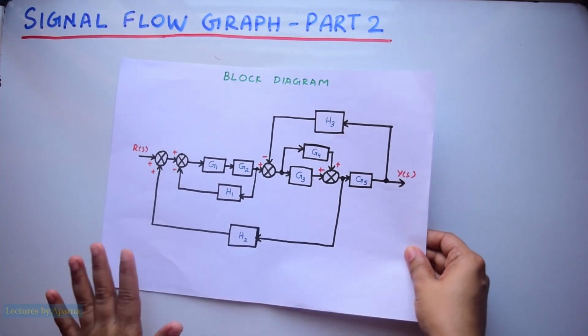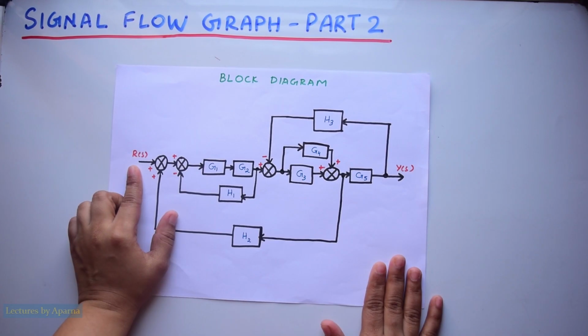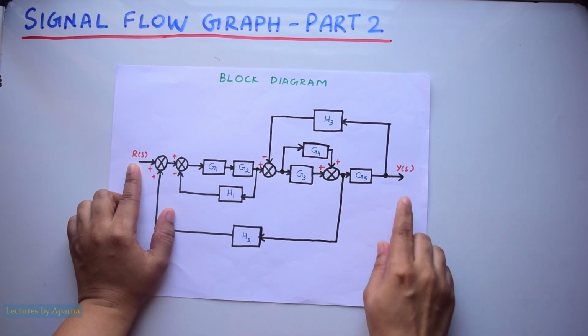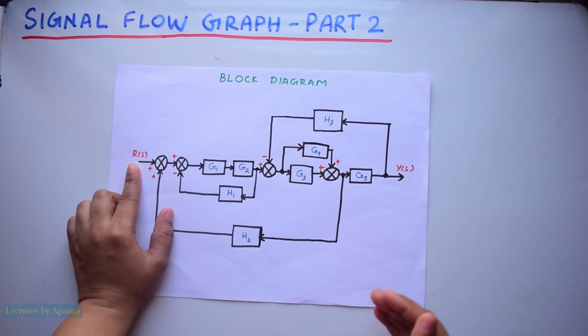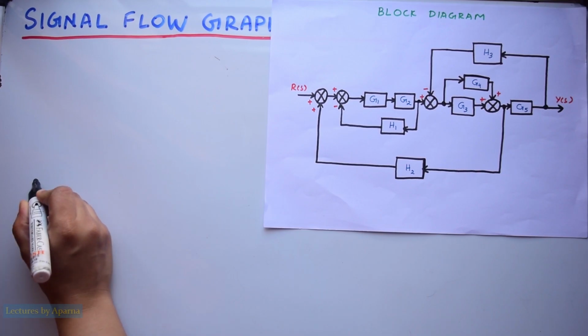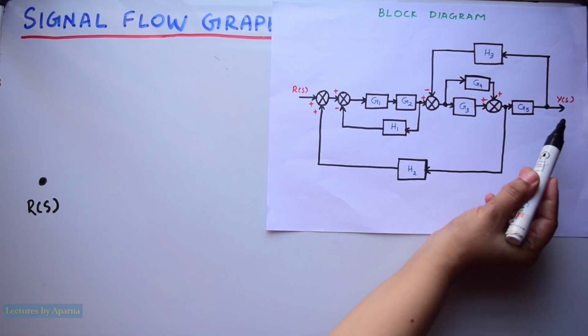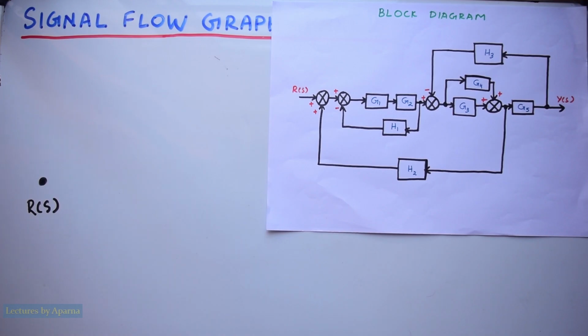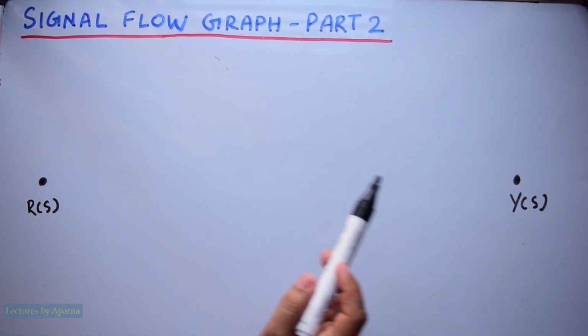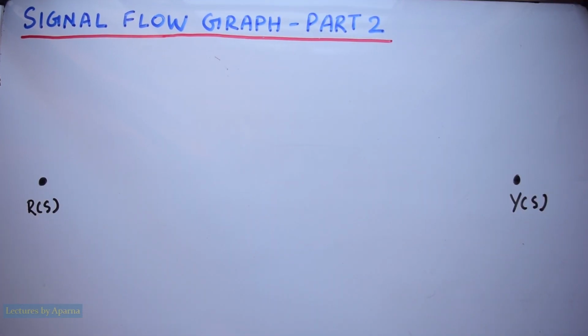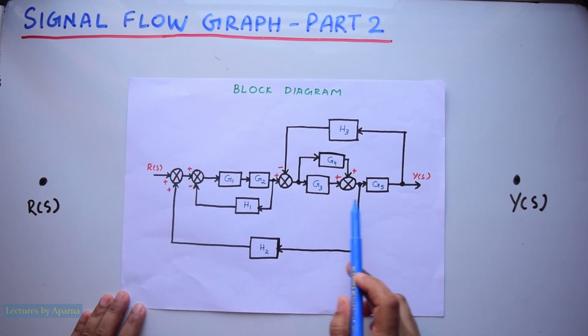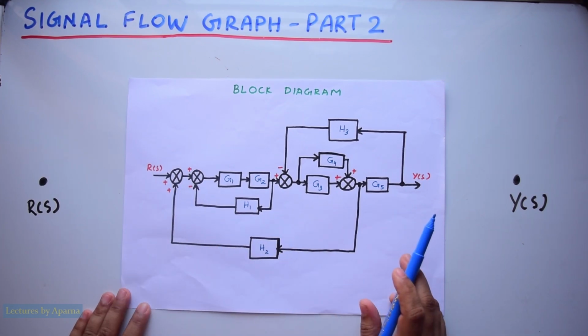Consider this block diagram. R of S is the input signal and Y of S is the output signal. So we can represent R of S as an input node and Y of S as an output node. This is the input node and this is the output node. Now I am marking the rest of the nodes in this block diagram.